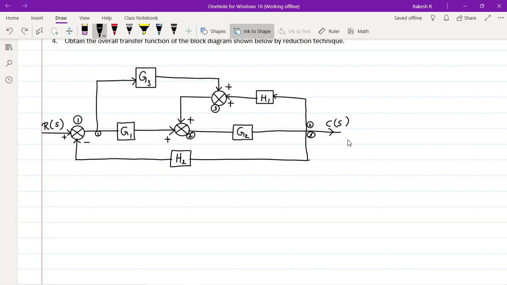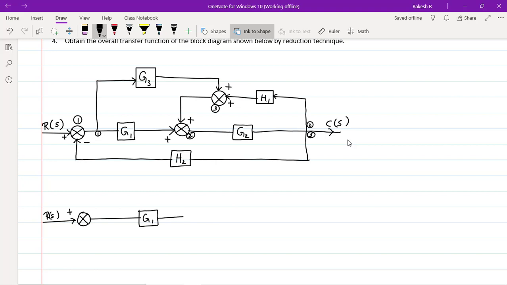So what I can find here is, first I have the input as R of S. R of S is the input here. We have the summing point 1 with positive input. Then next is G1 here.